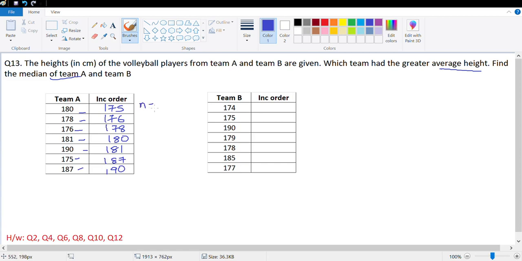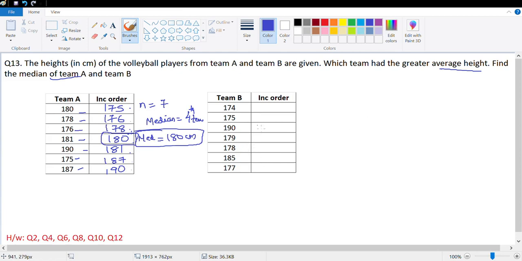N in this case is 1, 2, 3, 4, 5, 6, 7. Therefore, median is equal to 7 plus 1 upon 2, which is the fourth term. So that would be 1, 2, 3, 4. That's 180 centimeter. So the median height for team A is 180 centimeter.